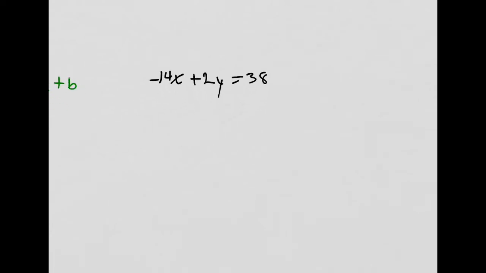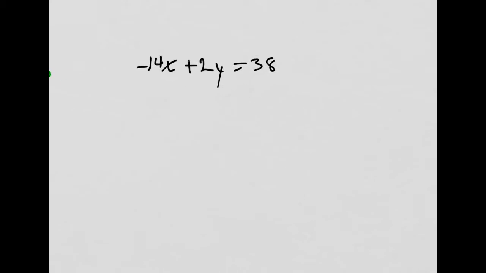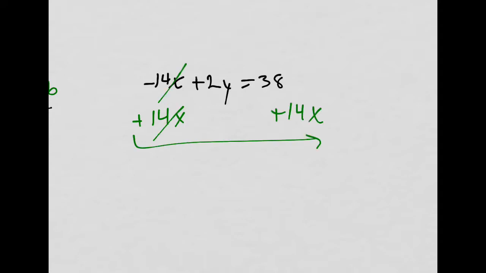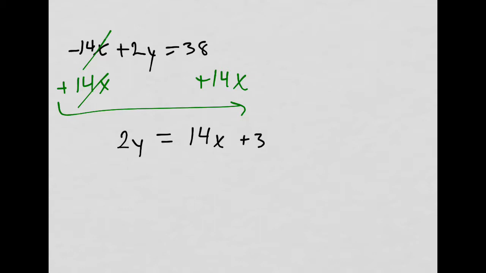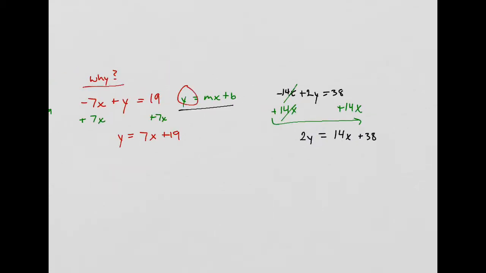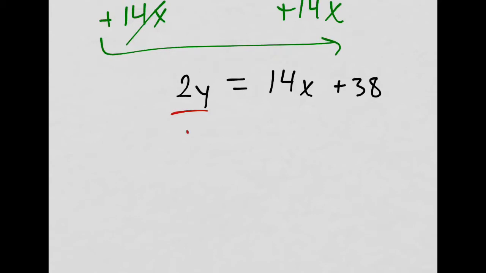So if I take a look at this and I'm trying to get it into y equals mx plus b, I would add 14x to both sides. And that goes away. I have 2y equals positive 14x plus 38. And then remember, I want y all by itself, so I'm going to divide everything by 2.